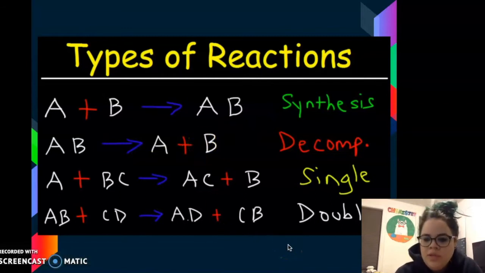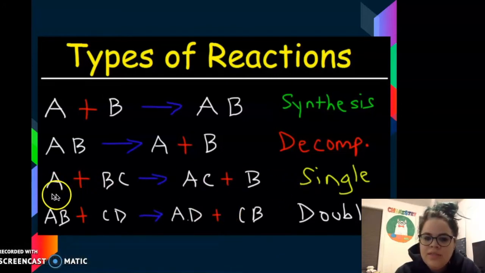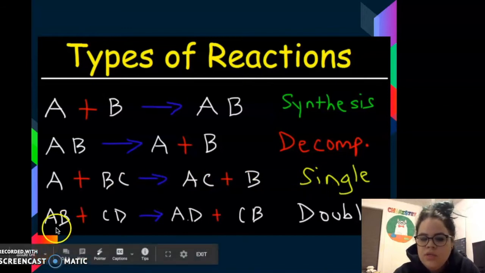Single and double replacement, you'll notice you'll have two reactants and two products. The difference being, in a single replacement reaction, you have a single element reacting with a compound to get a new compound and a new single element. So if you ever have a pure element by itself before and after, you'll have a single replacement reaction. Whereas double replacement, you have the two compounds here and everybody's switching places.